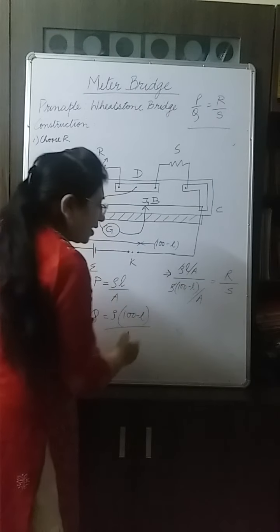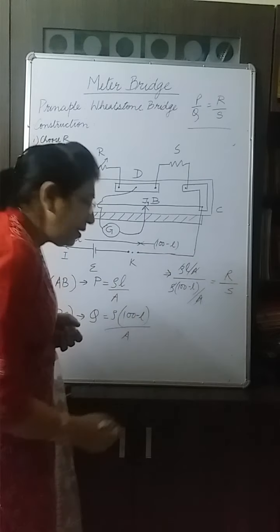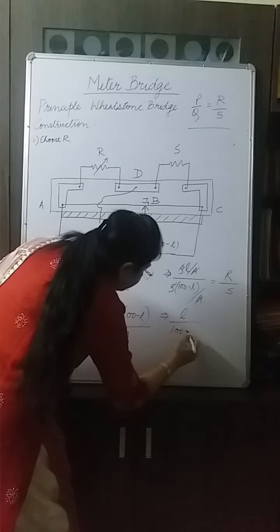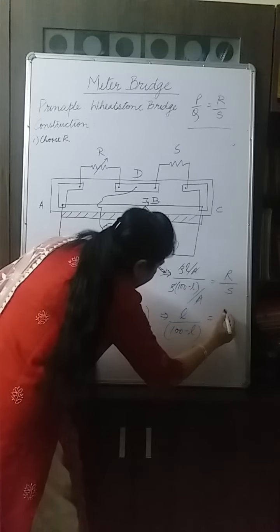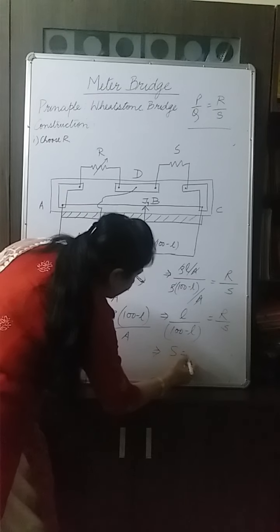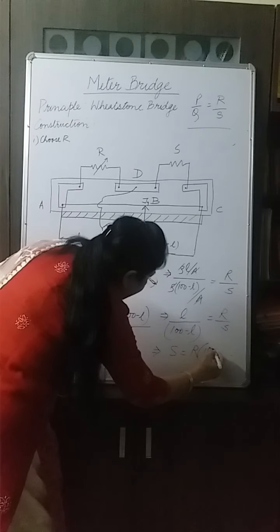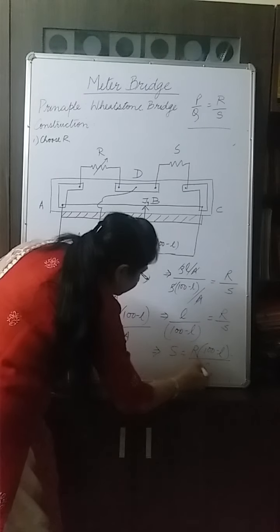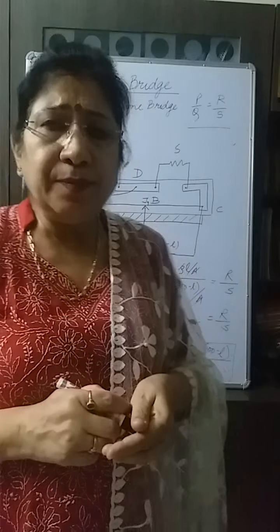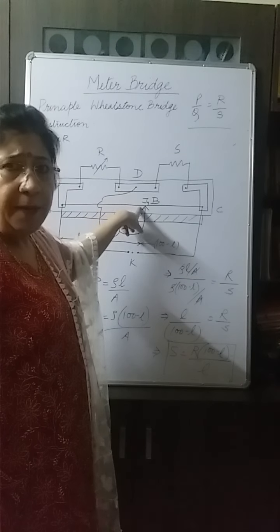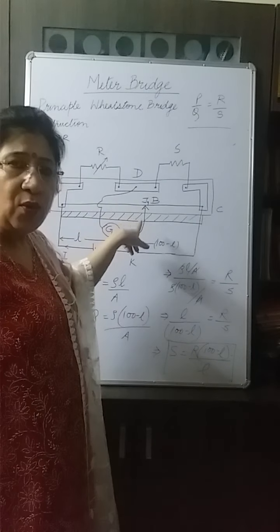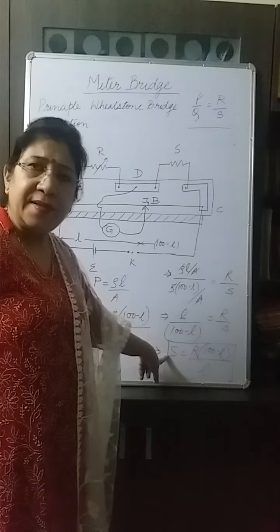Rho gets cancelled, A gets cancelled, and the equation reduces to the unknown resistance S equals R into (100 minus L) upon L. In this way, just by finding the null point B, where the deflection in the galvanometer was 0 or the current in this wire was 0, we have found the resistance S.